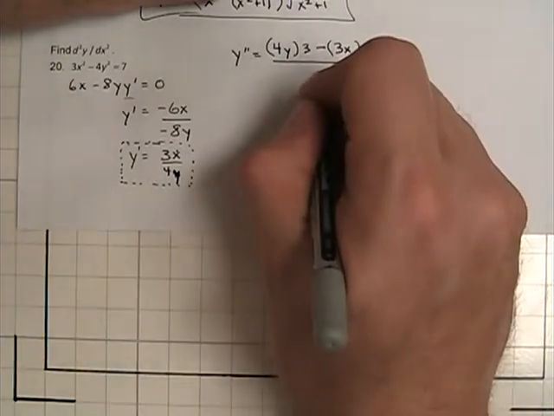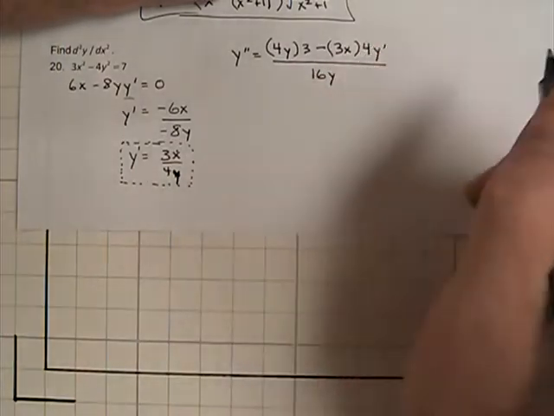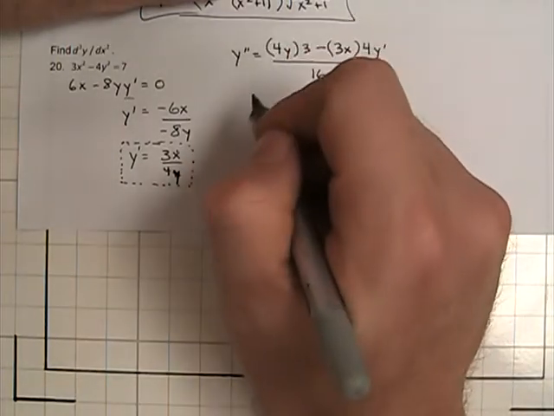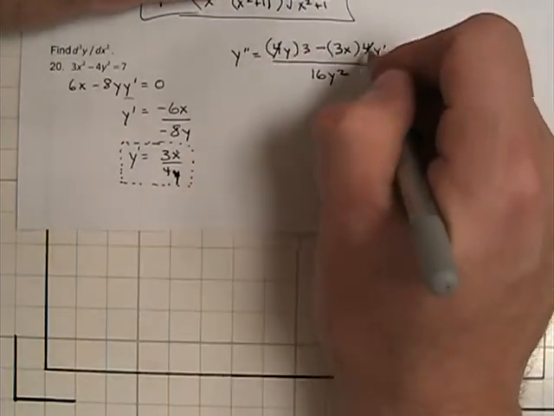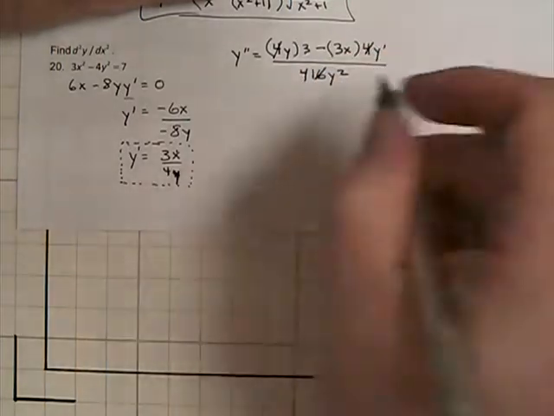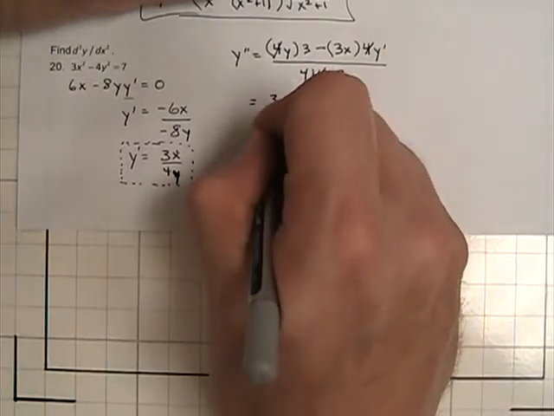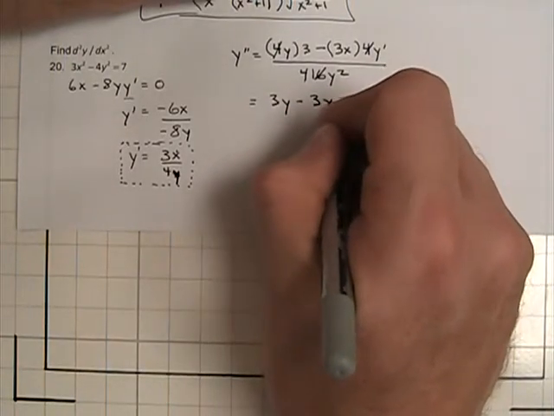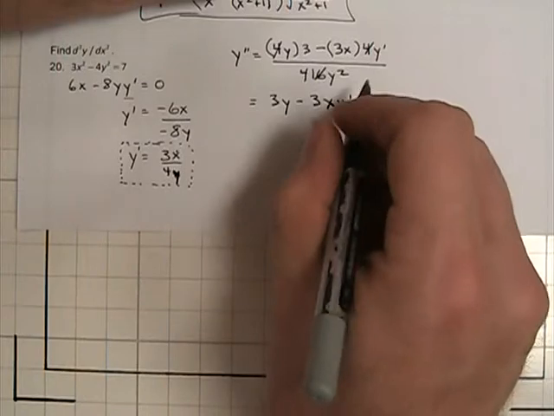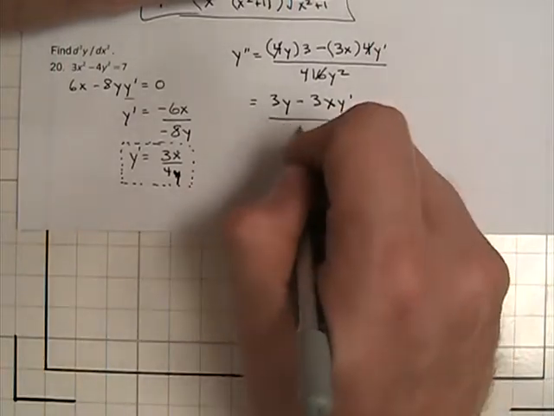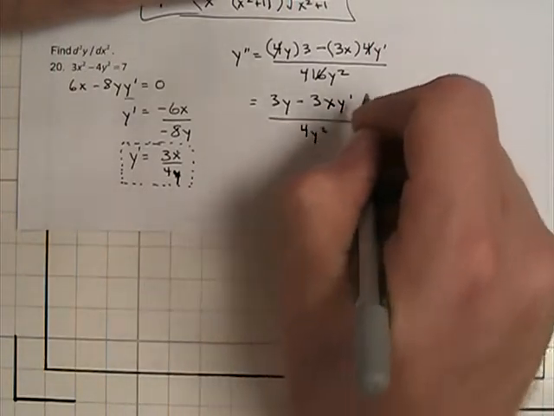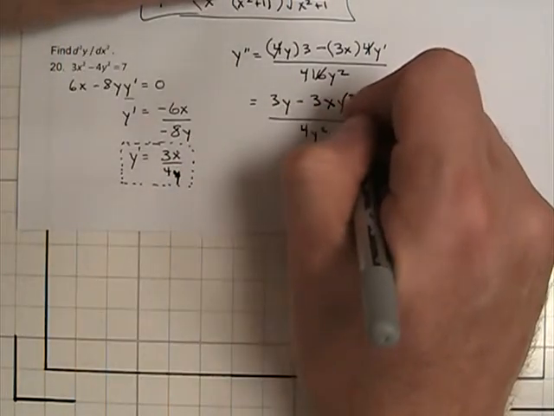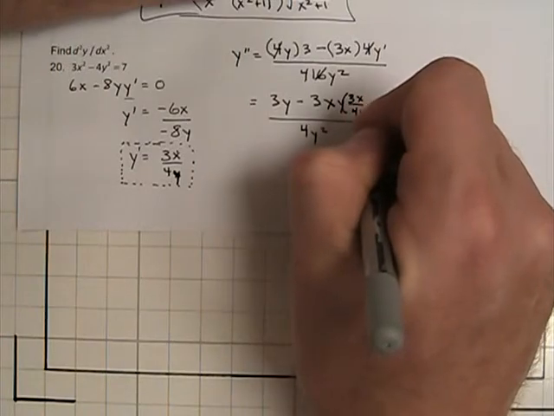Remember, it's the whole thing squared. 4y squared, which is 16y squared. Looks like there's some 4s here that can cancel. And so now we get 3y minus 3x y prime over 4y squared. But remember, this y prime is really 3x over 4y.